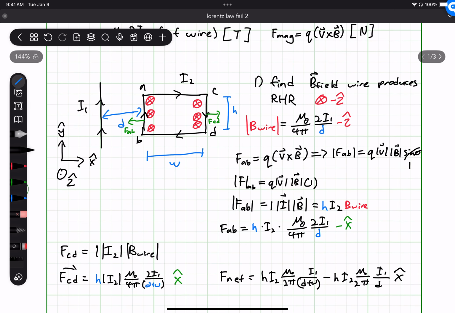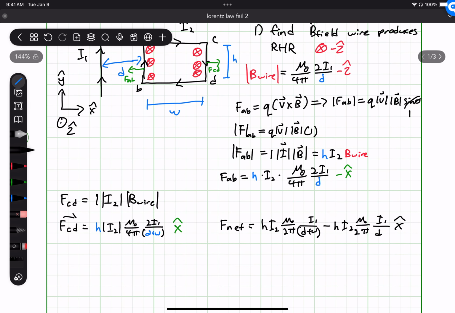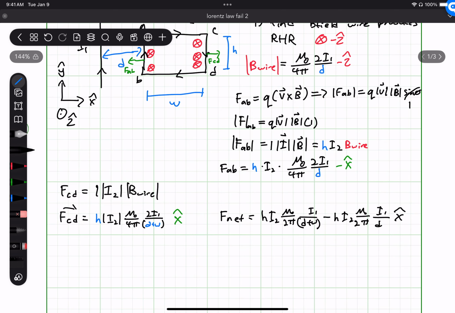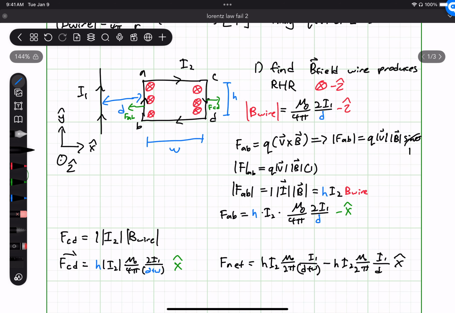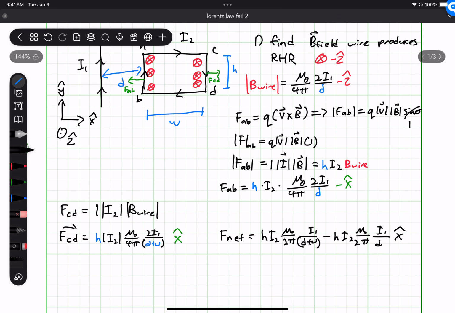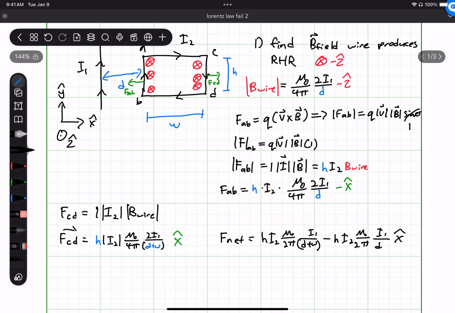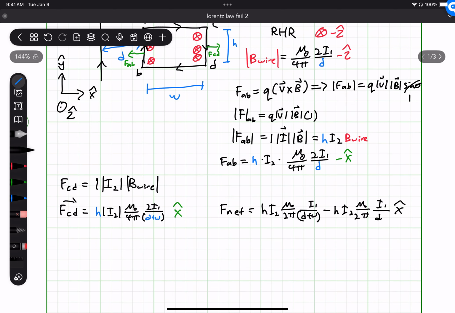Now you're going to ask yourself, well, we know it's in the x hat direction, but is it to the left or the right? Is it positive x hat or negative x hat? Well, by intuition, we know that the B field must be stronger at A to B than C to D, because on the denominator, for A to B we're only dividing by D, but compared to C to D, we're dividing by D plus W. So a bigger denominator means a smaller number, so the force on CD must be smaller in magnitude than the force on AB.